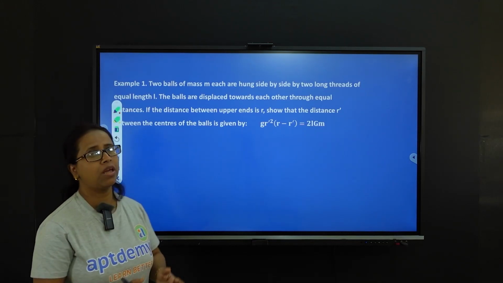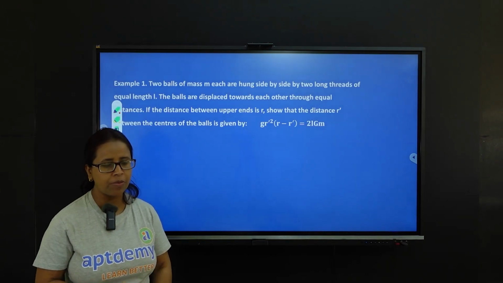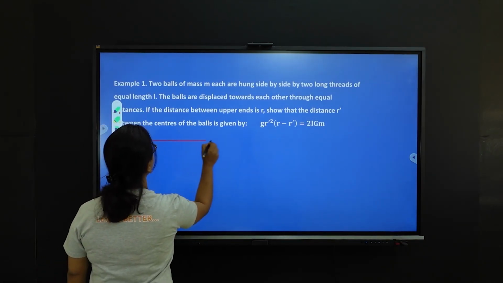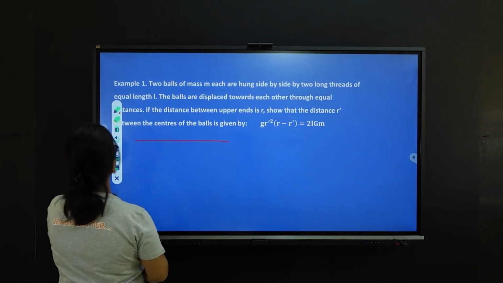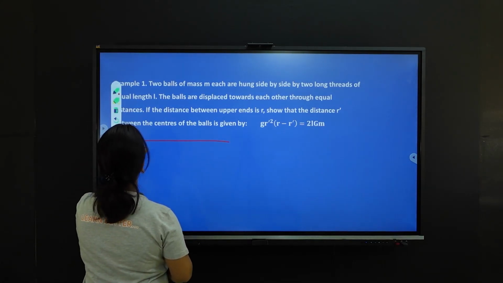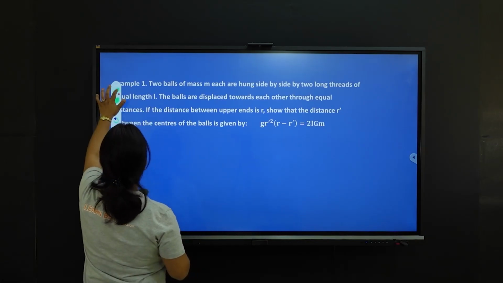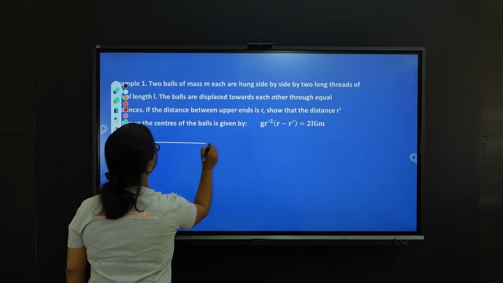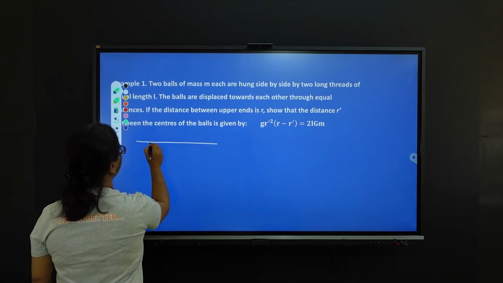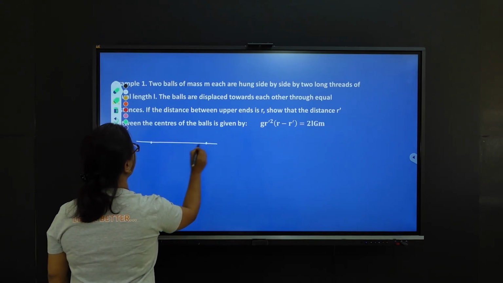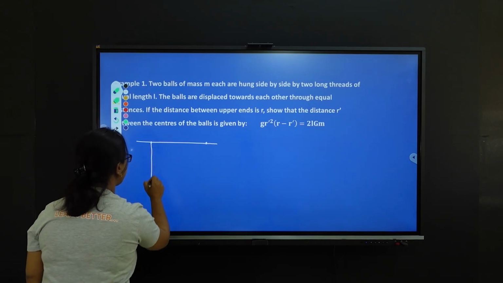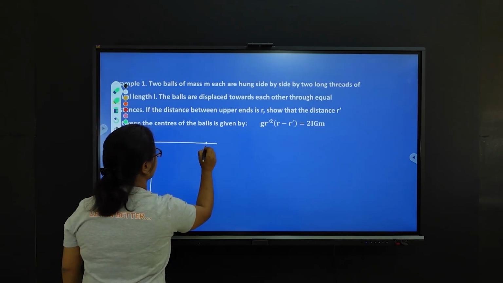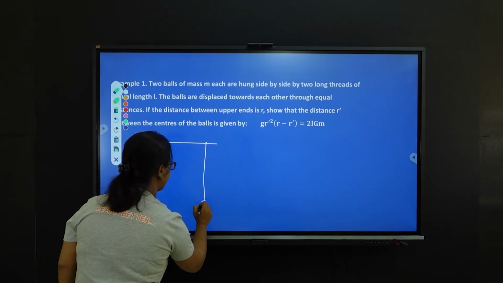So let's begin by visualizing the problem in the form of a diagram. We have a rigid support. We choose two points and two balls are hung from these two points with long threads.